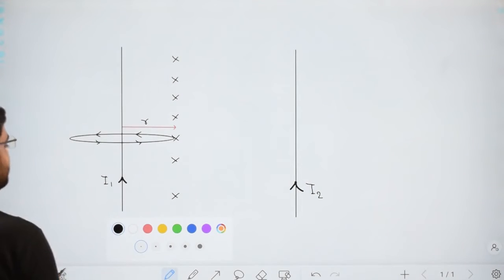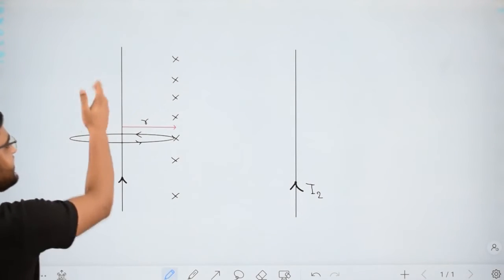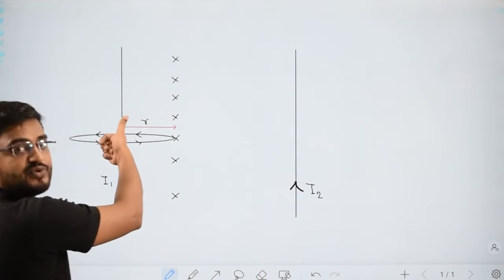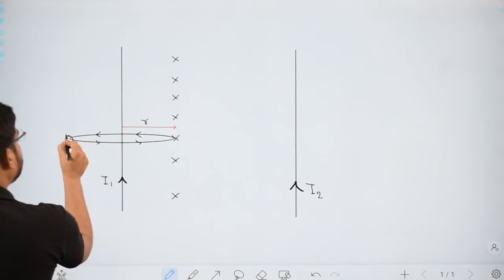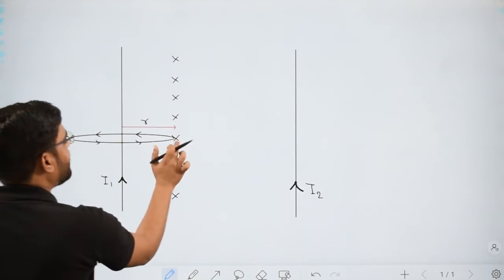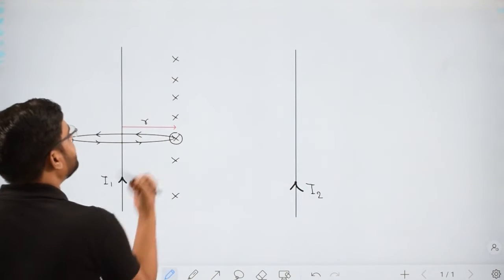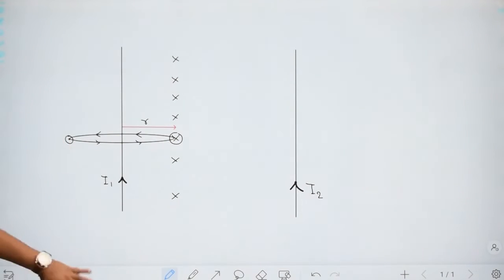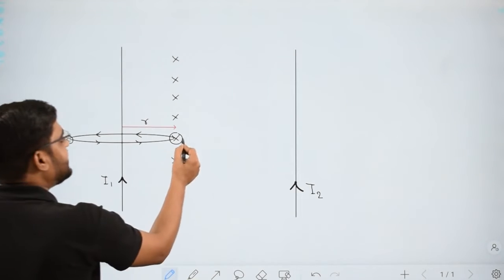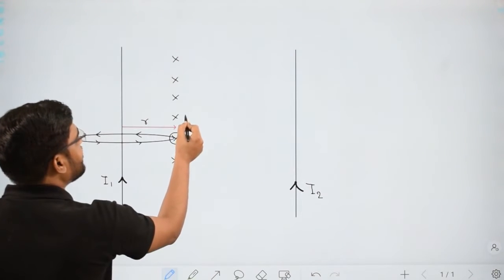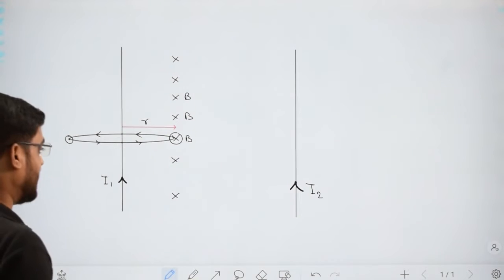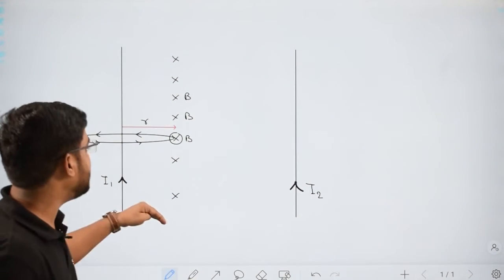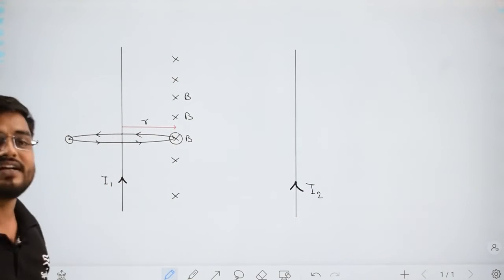The current is in the upward direction, so by the right hand grip rule the direction of the magnetic field here is out of the plane, and at this point it is into the plane of the paper. Let us say it is an infinitely long wire. If the magnitude at distance r is B, here also it is going to be B. So the magnitude of the magnetic field is B at all these points which are separated by distance r.